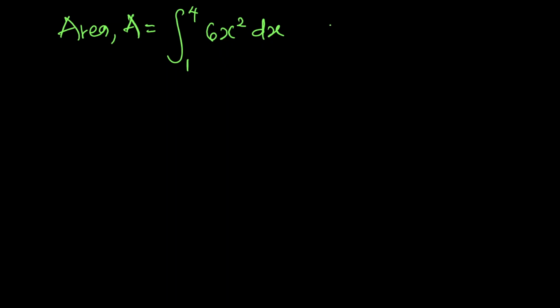So that becomes 6x to the power of 2 plus 1, which becomes 3, over 3, bounded by 1 and 4. Remember that 6 divided by 3 is 2. So that becomes 2x raised to the power of 3.